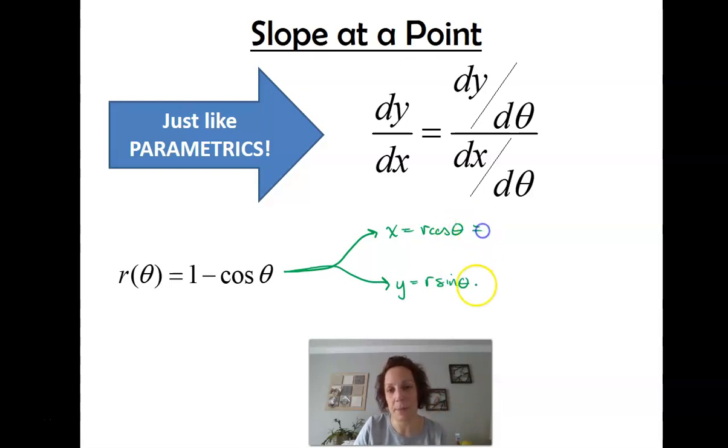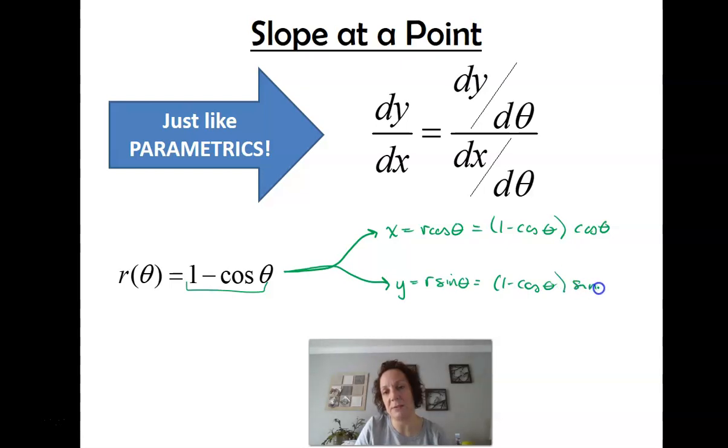So they gave me r. r is 1 minus cosine theta. So x is 1 minus cosine theta times cosine theta, and y is 1 minus cosine theta times sine theta.